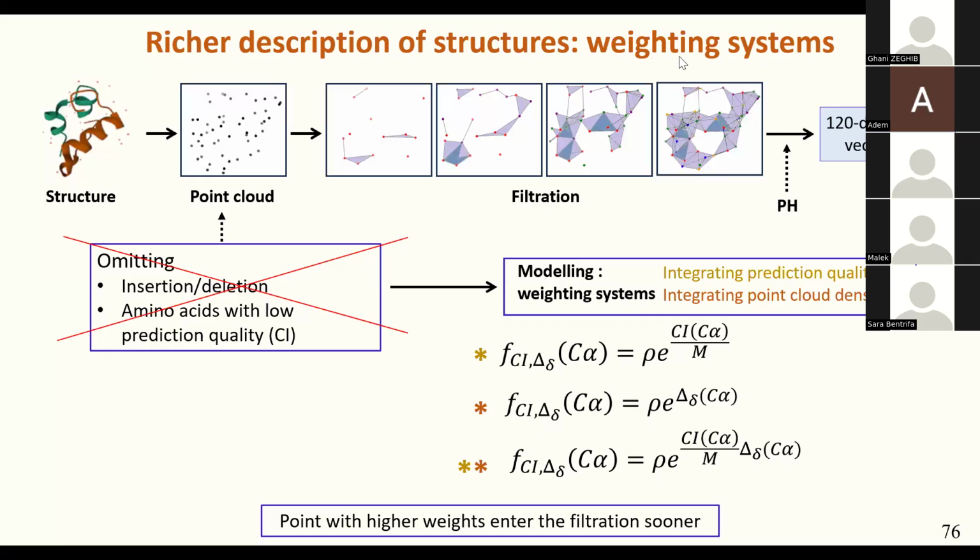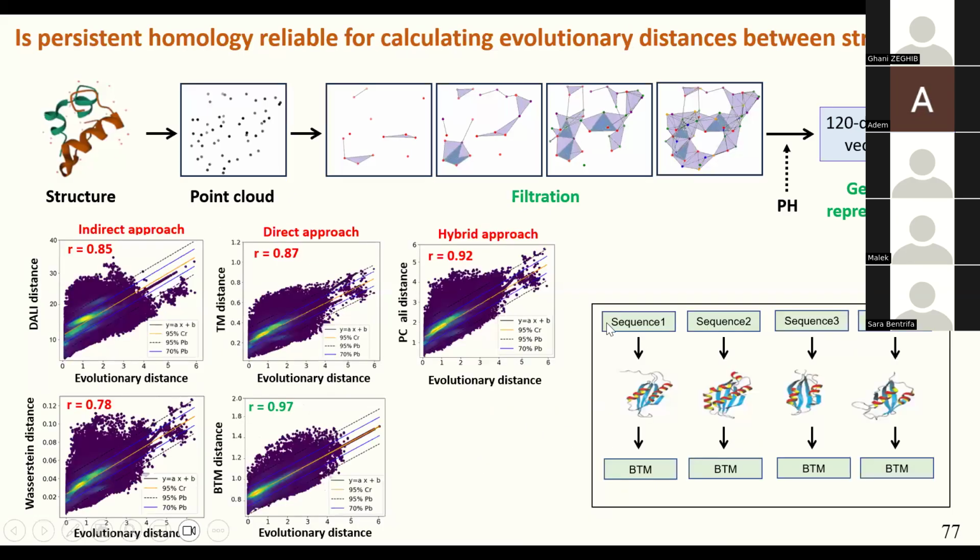And by combining this with the BTM, we arrived to a correlation of 0.97 between the distance on BTM and the evolutionary distance.